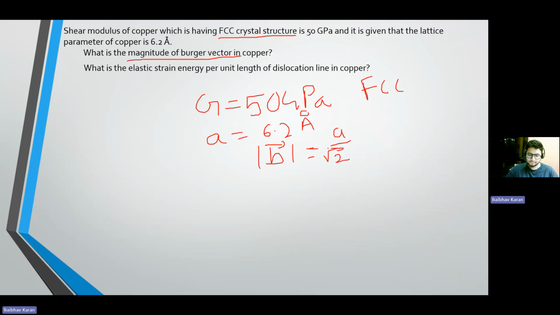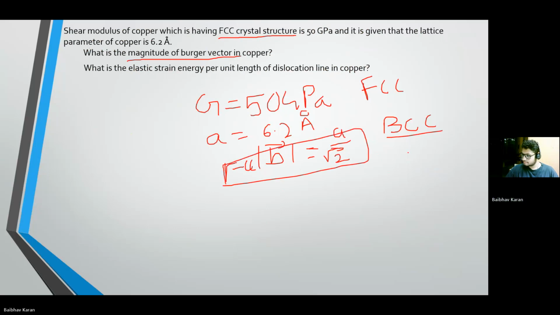Similarly, in case of a BCC material, it is given by B equals A into root 3 by 2. This is in case of a BCC material.